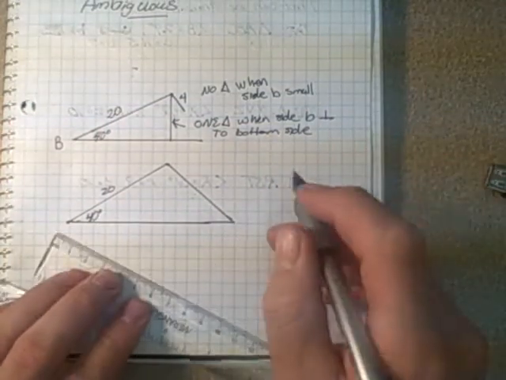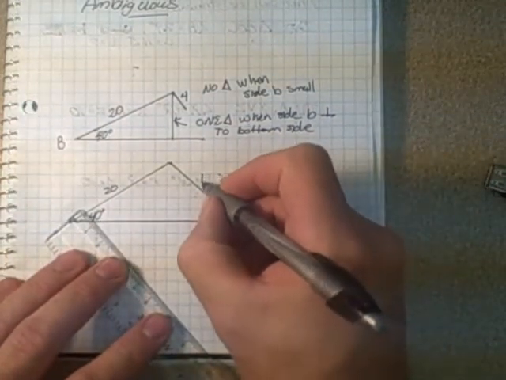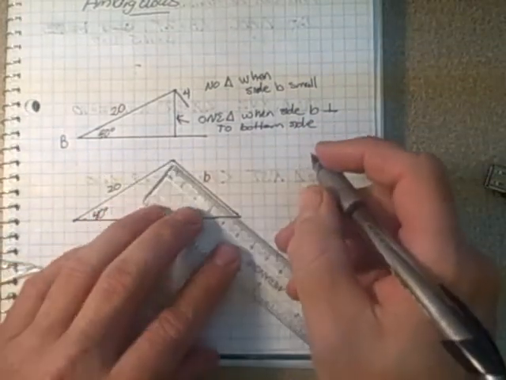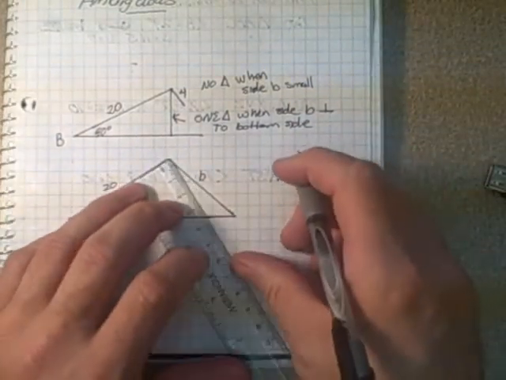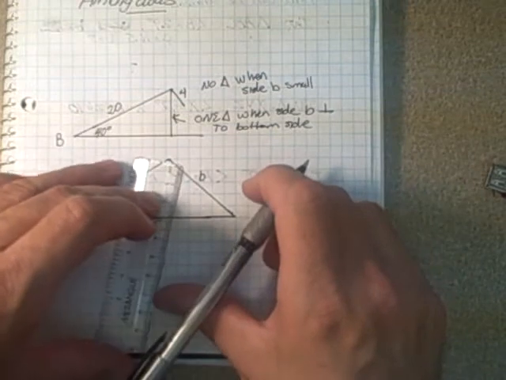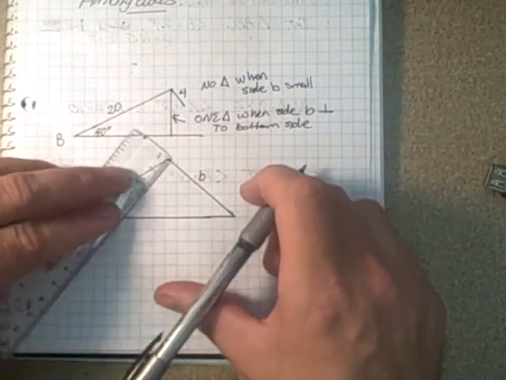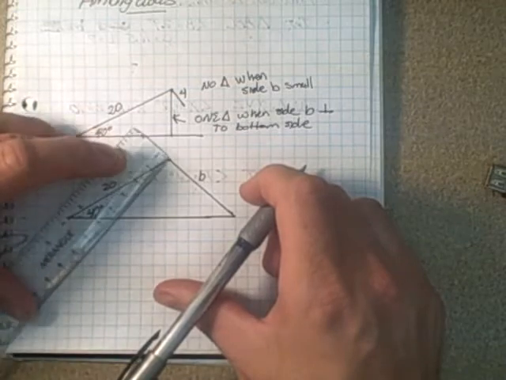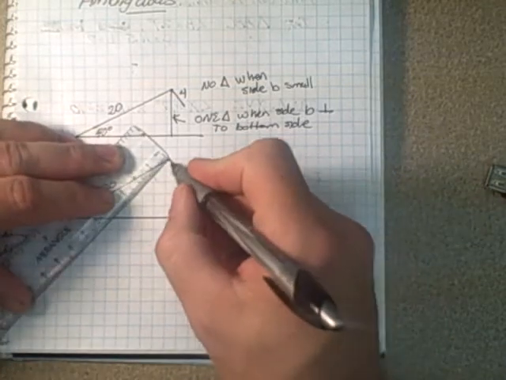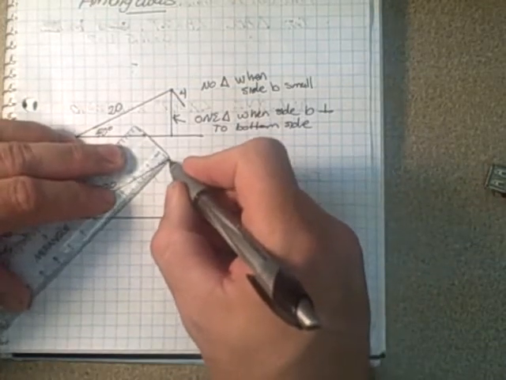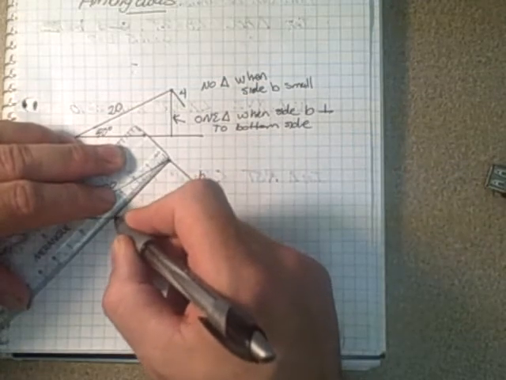So side B can work here. And if I swing it around, it eventually comes right here as well. There are two possible triangles with the same side length.